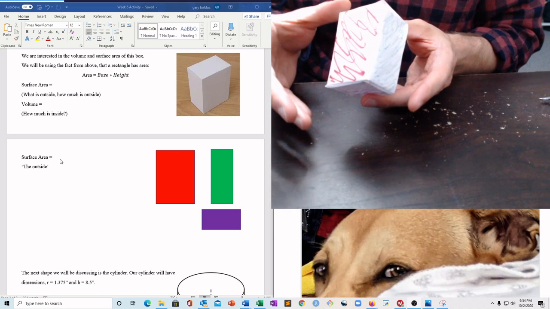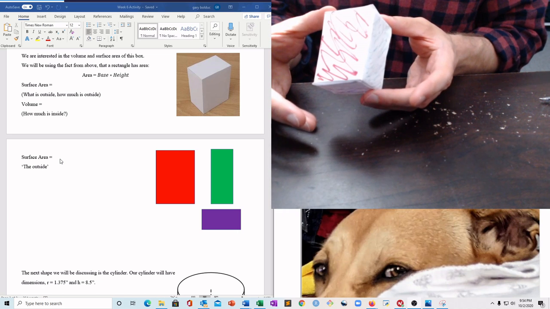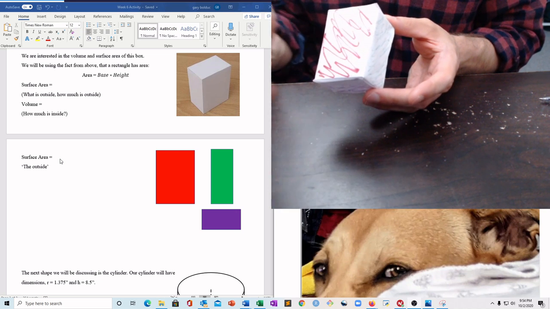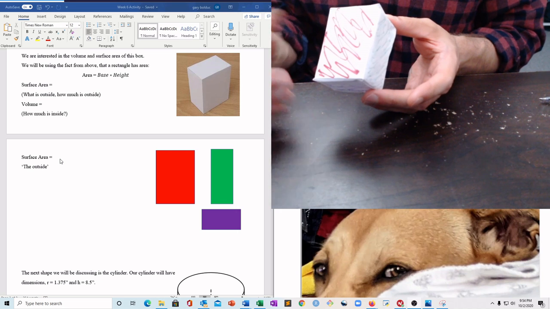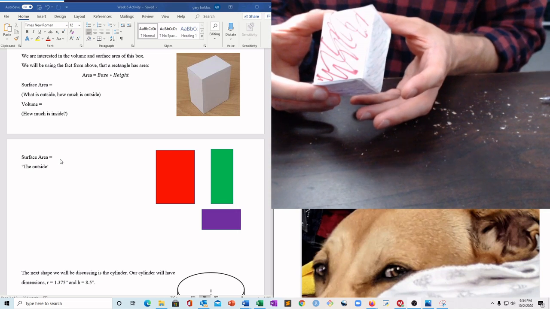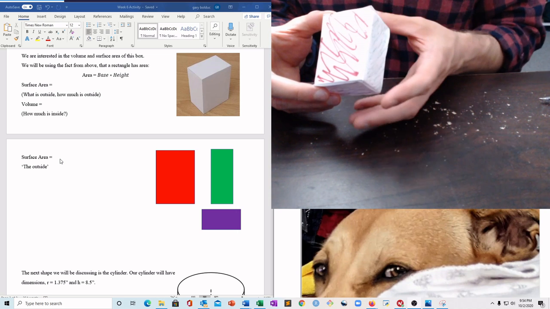The way to do that would be to understand that this 3D picture is really just a couple of 2D rectangles all put together. You could think of it like being glued together. So what we have to do is break this 3D shape into its 2D components and then just find the area of each of those.